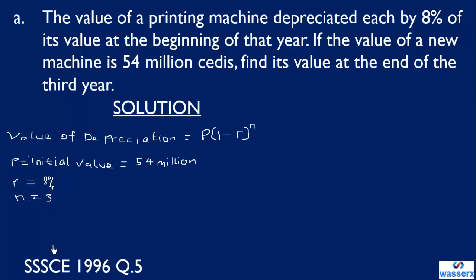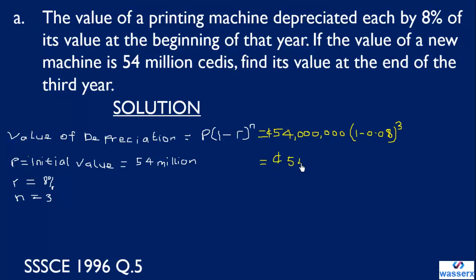Now our N is 3 years, so we just plug in these values to obtain 54 million times 1 minus 0.08, all to exponent 3.